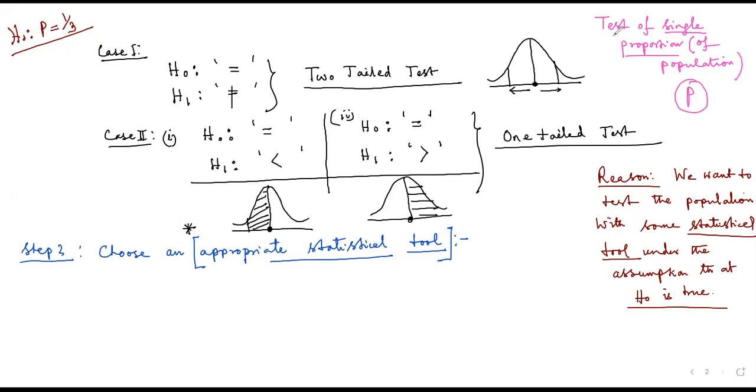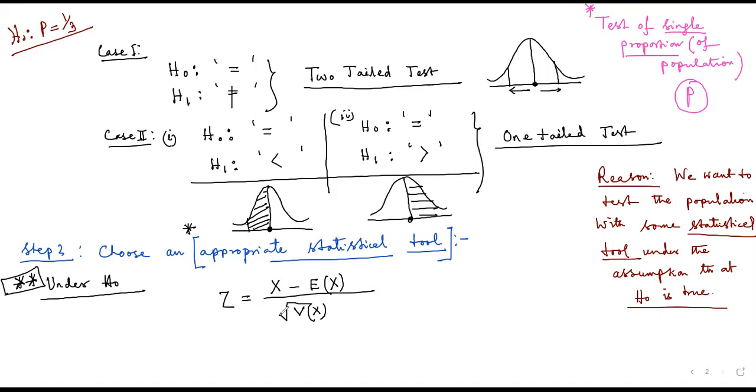In such a case, if this is the case I'm dealing with, in this case, under the null hypothesis, so this word is very important. In hypothesis testing, you will often find this sort of word. Under the null hypothesis, the statistical tool that I'm going to apply is capital Z, which is defined as x minus E(x) by root over V(x).